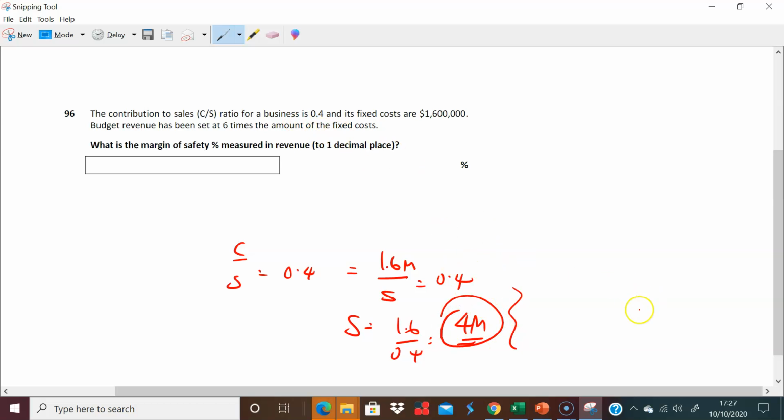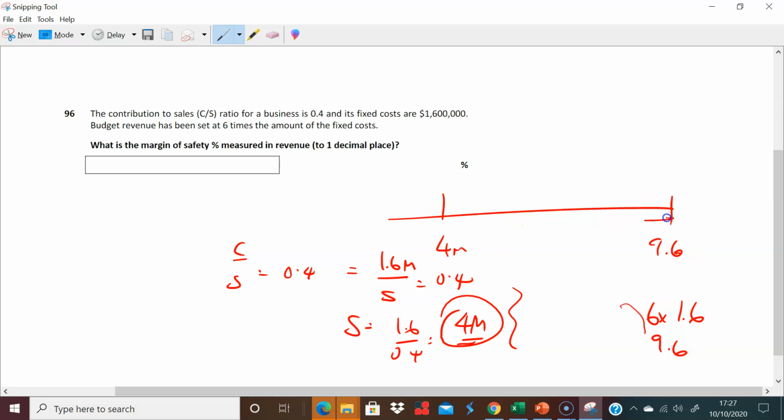Then they tell me that the budgeted revenue is 6 times my fixed costs. And 6 times my fixed costs is 6 times 1.6, which is 9.6. So what I have now is this 9.6 million scenario here.